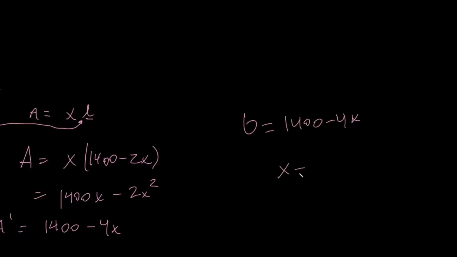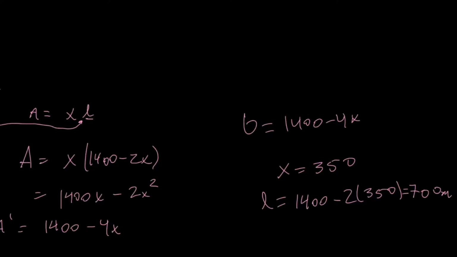So x is 350. And if x is 350, that means that L is 1,400 minus 2x, so L is 700 meters. And it also asks to find the maximum area. Well, we have the 2 dimensions now. The area is just the product of those.